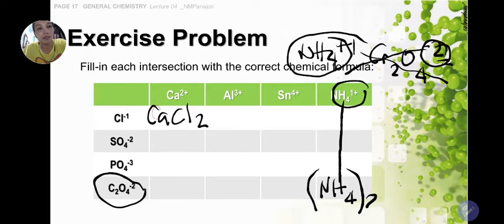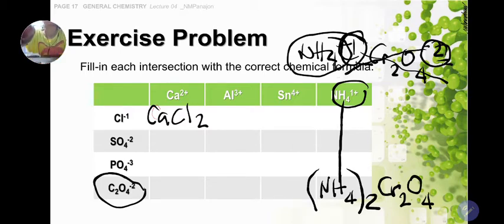Magiging subscript niya na 2. And then, the dichromate will have a 1 subscript, which is hindi na natin isusulat, kaya hindi na natin siya ilalagay sa parenthesis. So, Cr2O4. This is chromate only pala, hindi siya dichromate. Okay, so, ammonium chromate. Ito yung chemical formula natin.